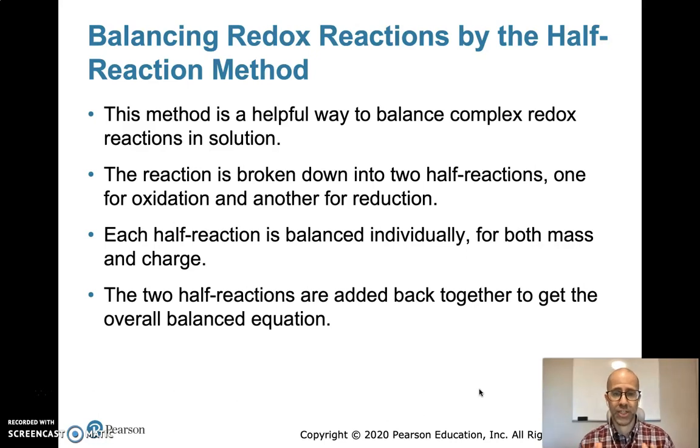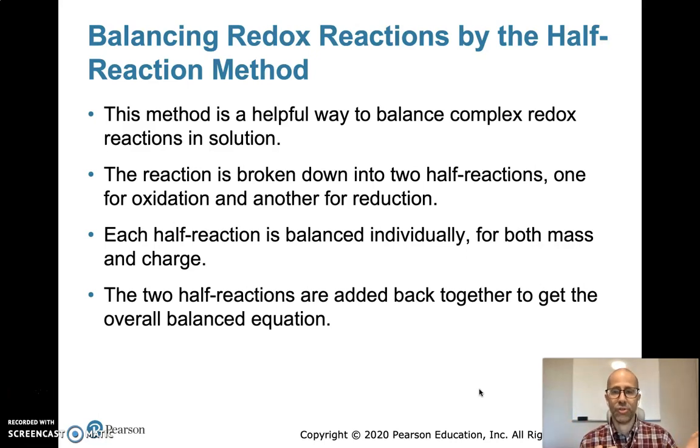So the reaction again is broken down into its two half reactions, one for oxidation, one for reduction. Each of the half reactions is balanced individually for both mass and charge. So what they mean by balancing for mass is you balance the equation like you normally do. You make sure that each side of your half reaction has the same number and type of elements or atoms.